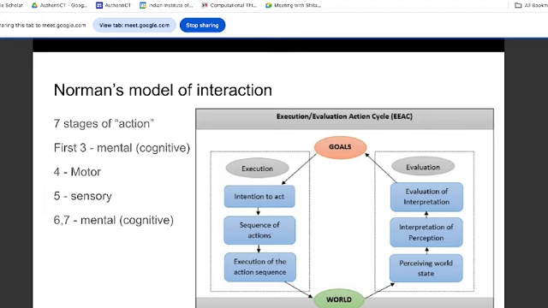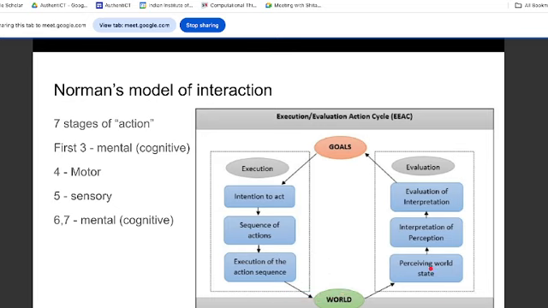So here, instead of the word world, think about the word system or application. So now once I have performed the actions that I wanted to do, I can see the system, I can view the system. So that is kind of a sensory state. Oh, I forgot to say that performing these actions was a motor state.